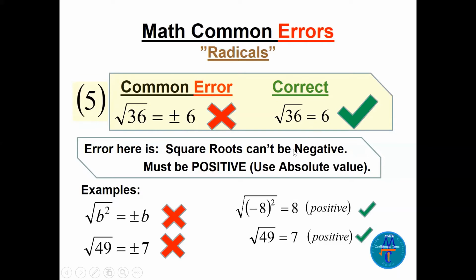Square roots cannot be negative. So if you have square root of minus 8 all squared, just 8. Square root of 49, just 7. Square root of b squared, you cannot write plus or minus b. Square root of 49, you cannot write plus or minus 7.